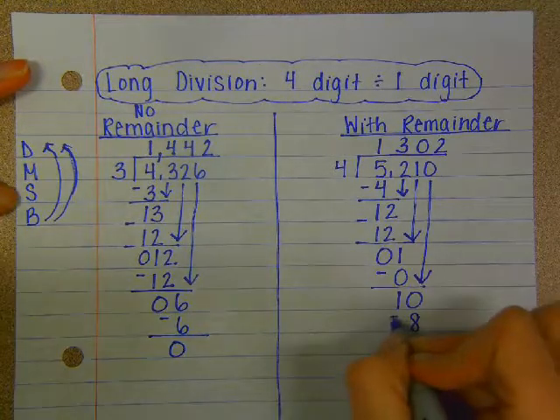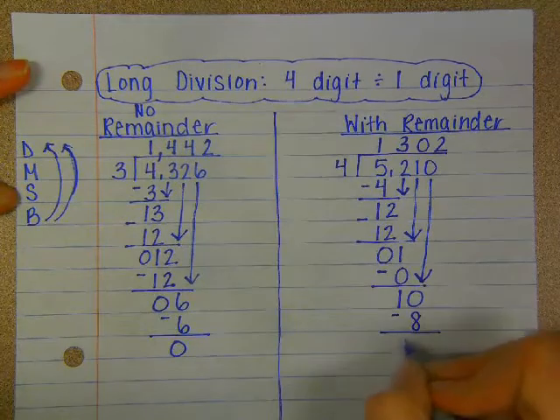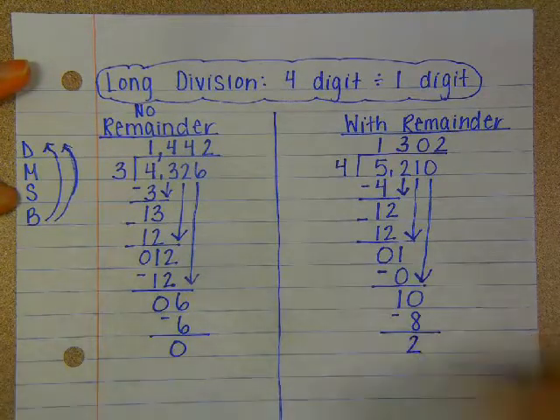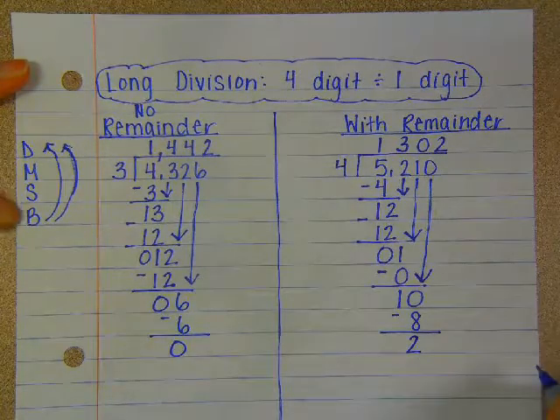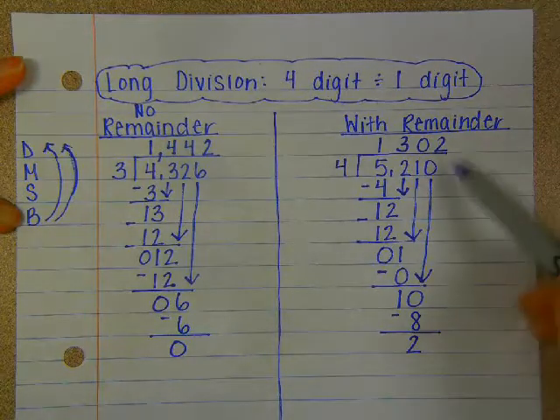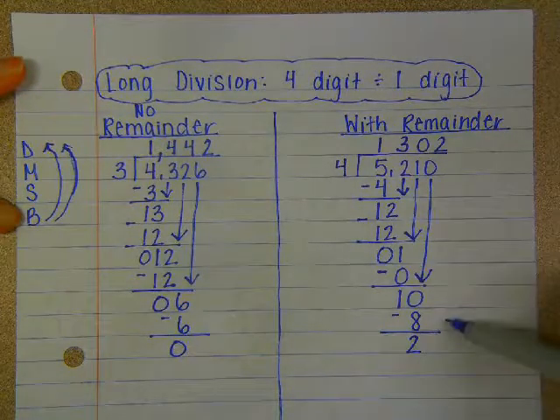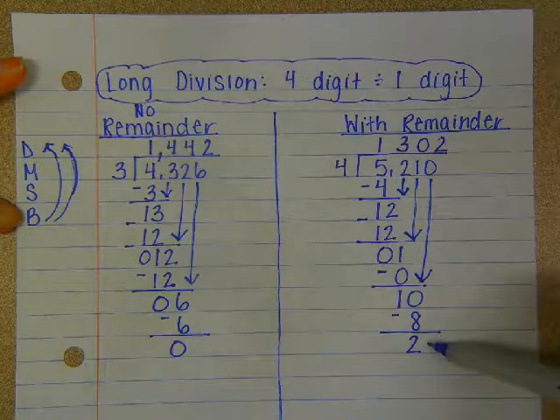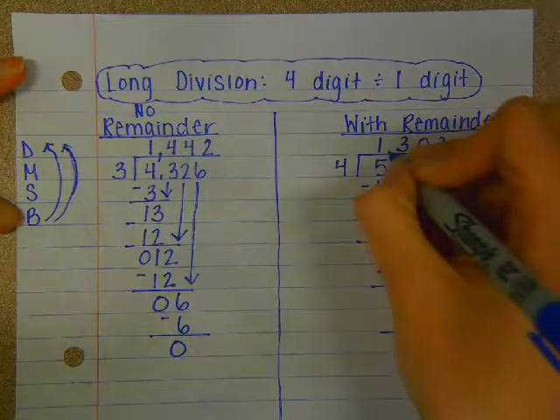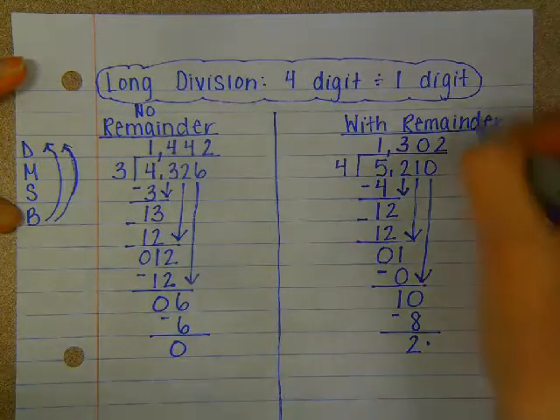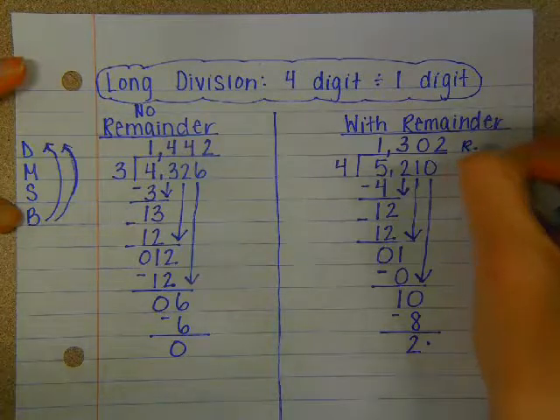Now I must subtract 10 minus 8, which will equal 2. And my last step is to bring it down, but I have no other digits left to bring down. I cannot forget about this 2 down here. So my answer is 1,302 with a remainder of 2.